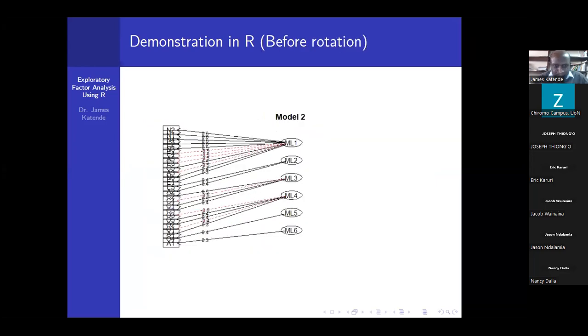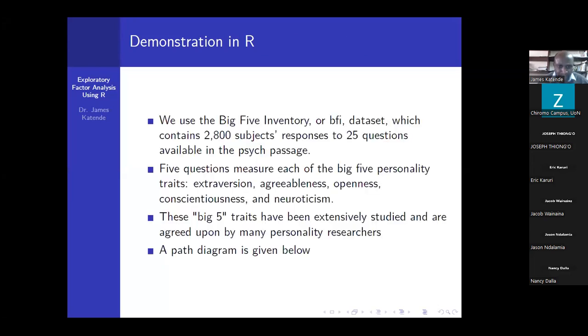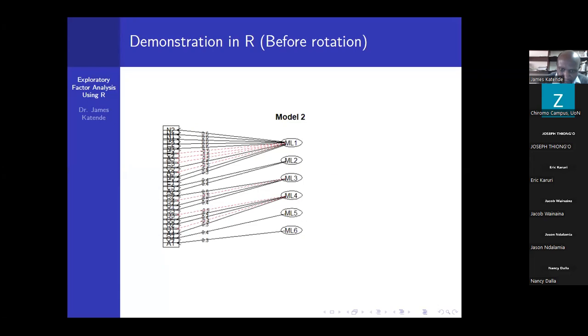So one of the outputs of the analysis usually is the path diagram. I don't know, this didn't come out very well, but you see these are the variables. They are labeled according to the traits because we have A for agreeableness, E for extraversion, O for openness, C for conscientiousness, and N for neuroticism.